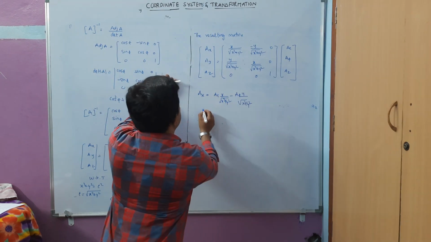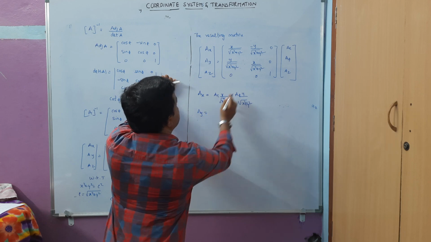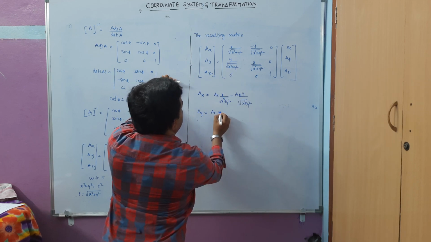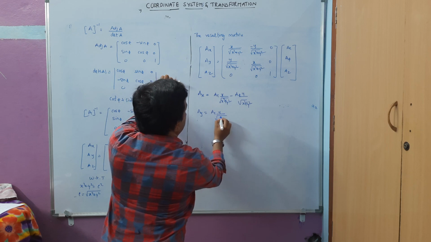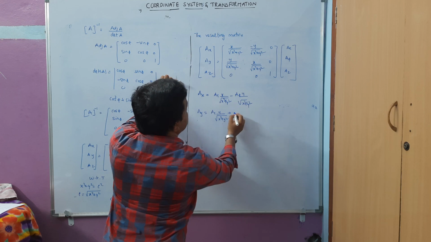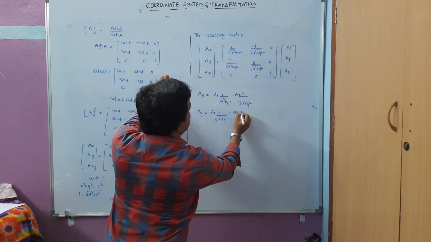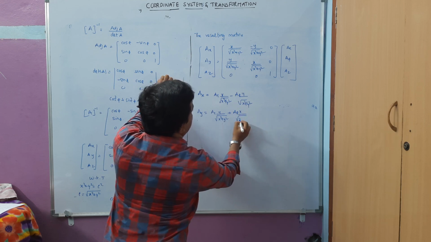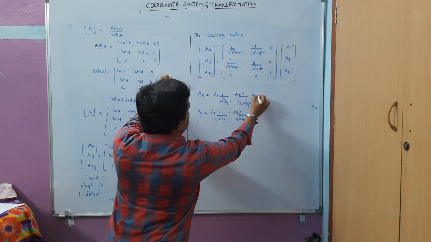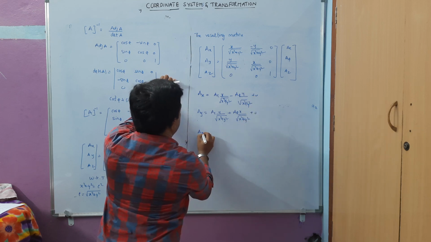Next, Ay is equal to A rho into y by square root of x square plus y square plus A phi into x by square root of x square plus y square, plus 0, and Az is equal to Az.